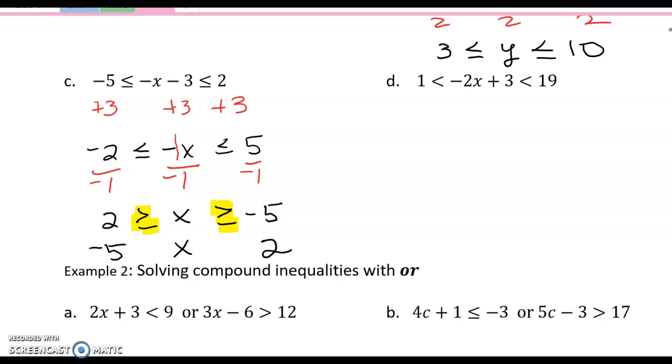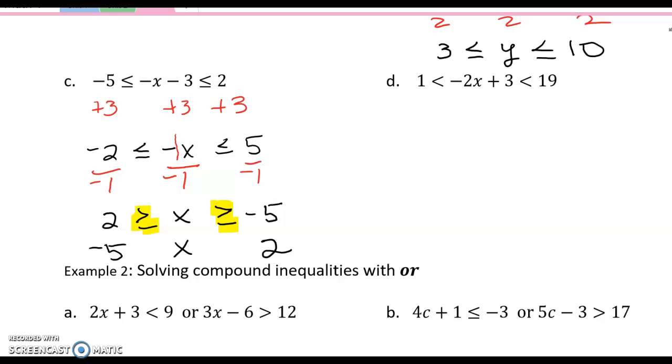But if you recall, when it comes to the inequality symbols, if we are going to flip-flop and switch places with the numbers in an inequality, we need to flip that inequality. So where I originally had a less than or equal to symbol, I flipped it to a greater than symbol because I divided by a negative.